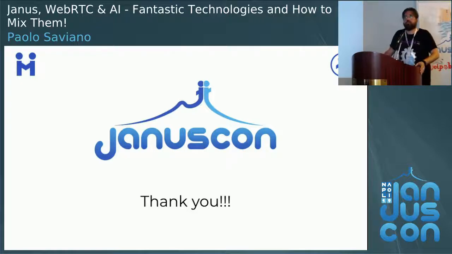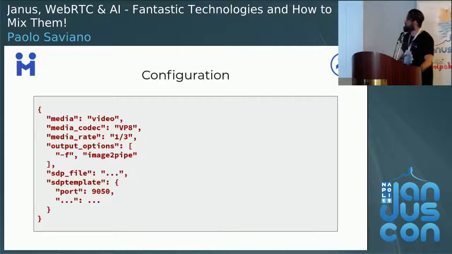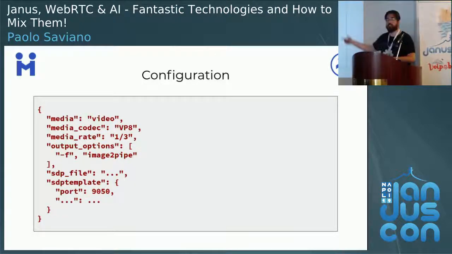How do you decode the video? Right now, with plain FFmpeg. I have an FFmpeg configuration class, and I can show you. This is the FFmpeg configuration class, and we set the kind of media, the codec, the media rate, for example a frame every 3 frames per second, but for this purpose we can raise this value, and how we forward a collection of pictures through the parameter image pipeline.